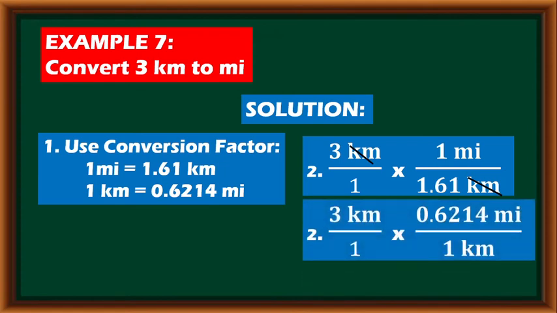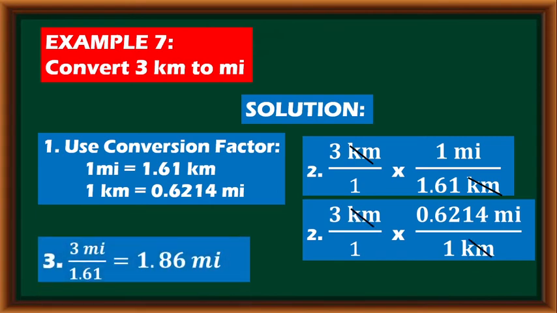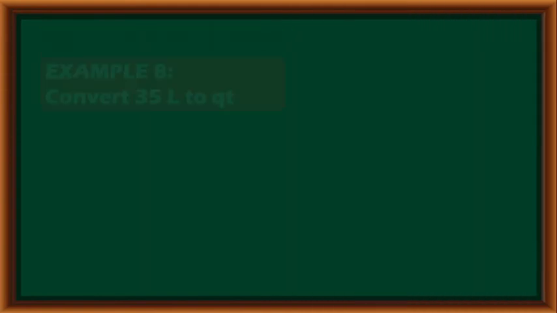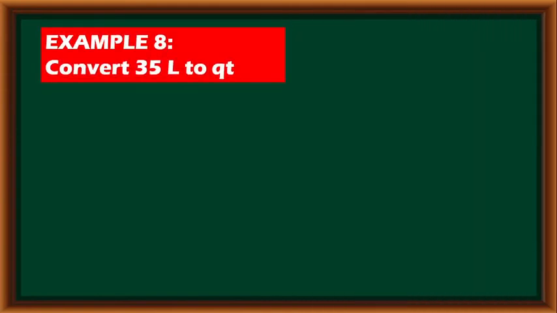Or you can have this option: 3 kilometers over 1 times 0.6214 miles over 1 kilometer. Remove kilometer. Okay, so your final answer is 1.86 miles because 3 divided by 1.61 is 1.86.